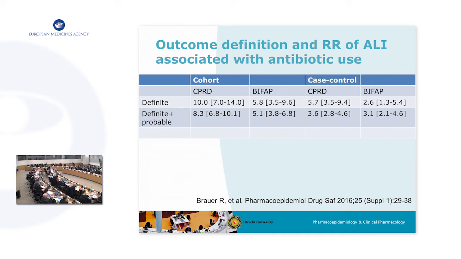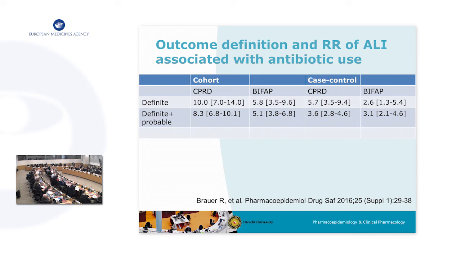So this is an example of PROTECT, where we studied the outcome of liver injury associated with use of antibiotics, using different designs, and also again these two different databases, so the CPRD GP database and the BIFAP Spanish GP database. And what you can see here is that when we use a broader, less accurate definition, the relative risk goes down a bit, so it's attenuated.